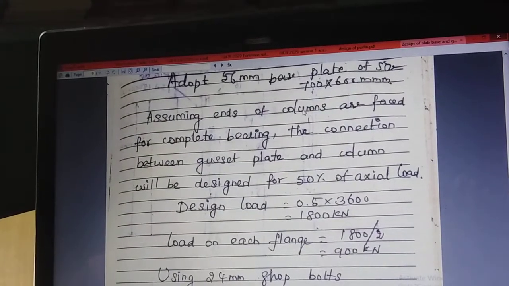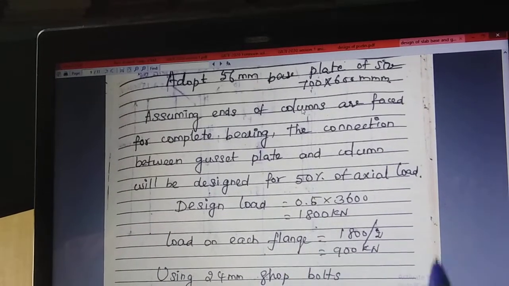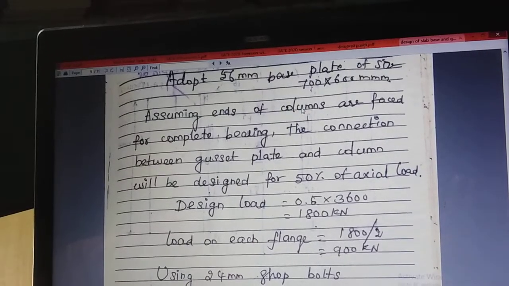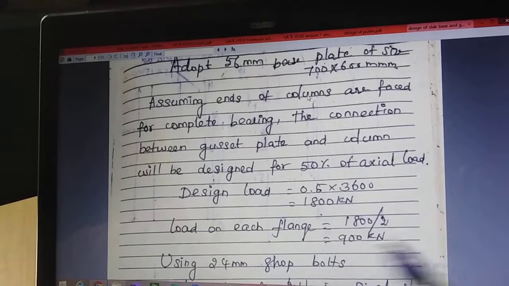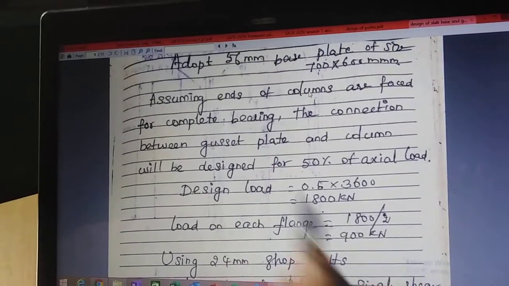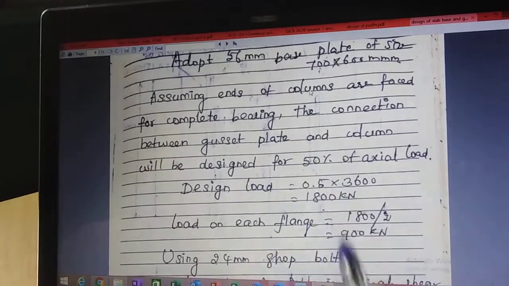Again, I already told you that column load is transferred from column to base plate. If the base of the column is machined smoothly, 50% of load will be directly transferred from column to base plate, and 50% will be transferred from gusset plate to base plate.